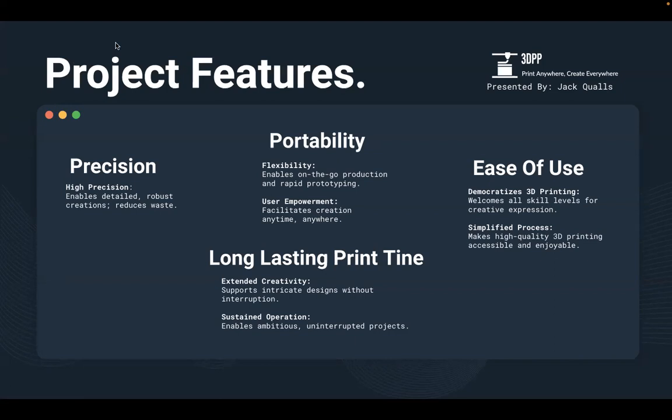We want to increase the print time for as long as possible so that we can print uninterrupted, as well as have it print while you're on the go or not near a wall power source, a wall outlet. We want the ease of use so that, again, anyone can use it, from any skill level of 3D printing.